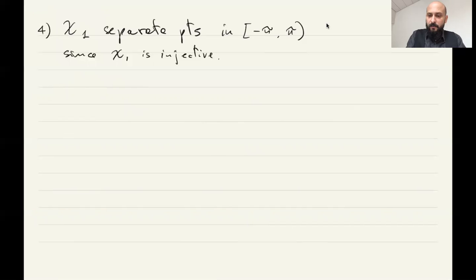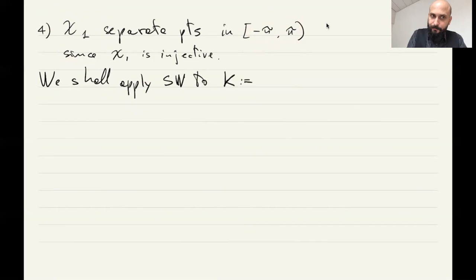Right, it's not injective on the extremes because at these two points you have the same value. But then what we have to do is identify these two numbers. So we shall apply Stone-Weierstrass to the compact space that is minus pi to pi, identifying pi with minus pi.